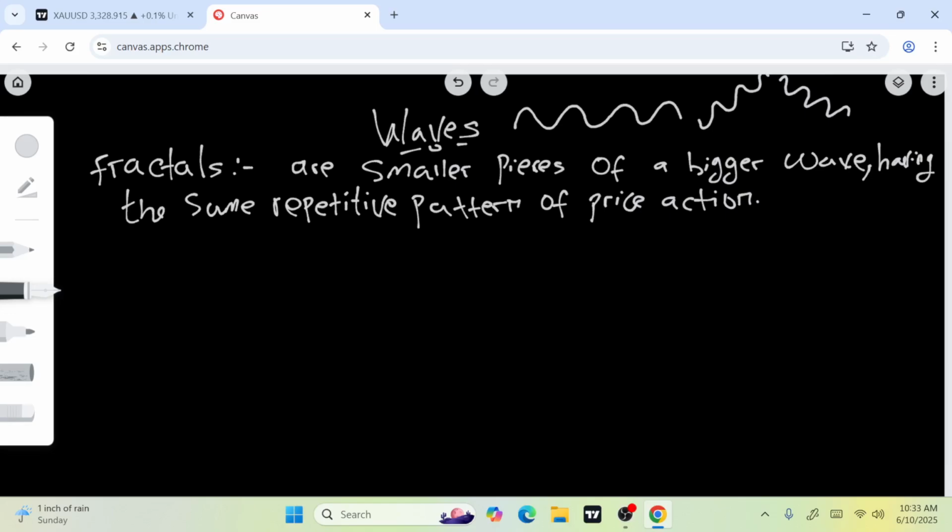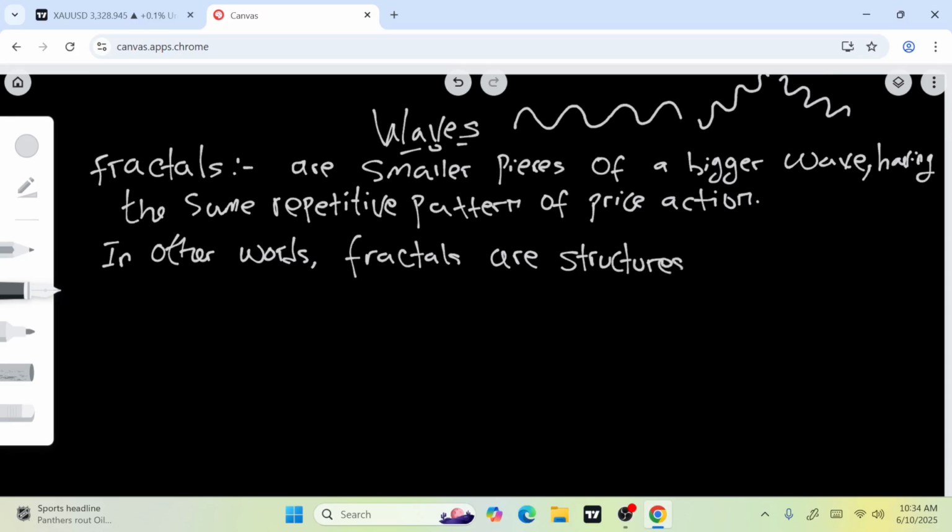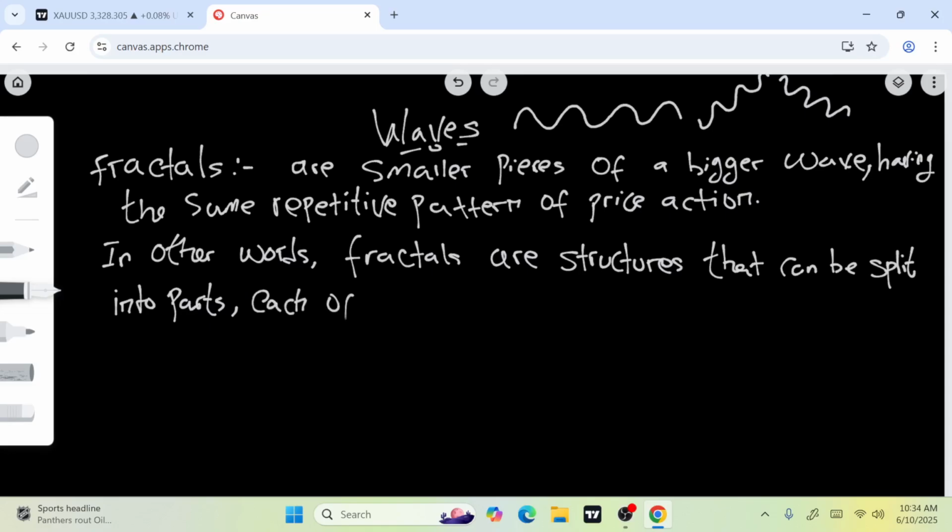Now, in other words, to make it much more explanatory, fractals are structures that can be split into parts. Now, each of which is similar.